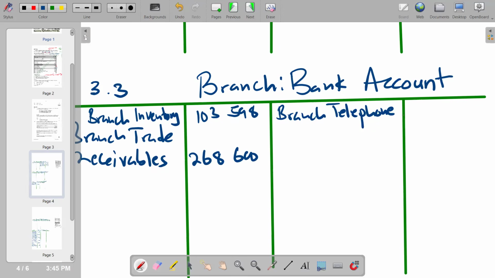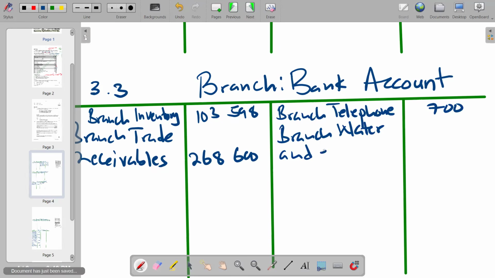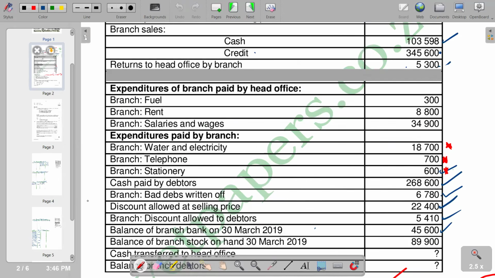branch telephone, we do have 700. We also have the branch water and electricity. Remember, these figures are the figures that we are having here. Branch water and electricity is 18,700.